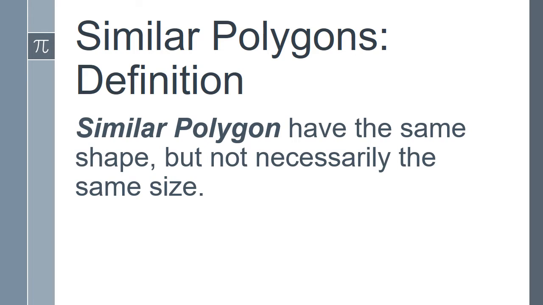Okay, so similar polygons. The definition of this is that similar polygons have the same exact shape, but not necessarily the same size.